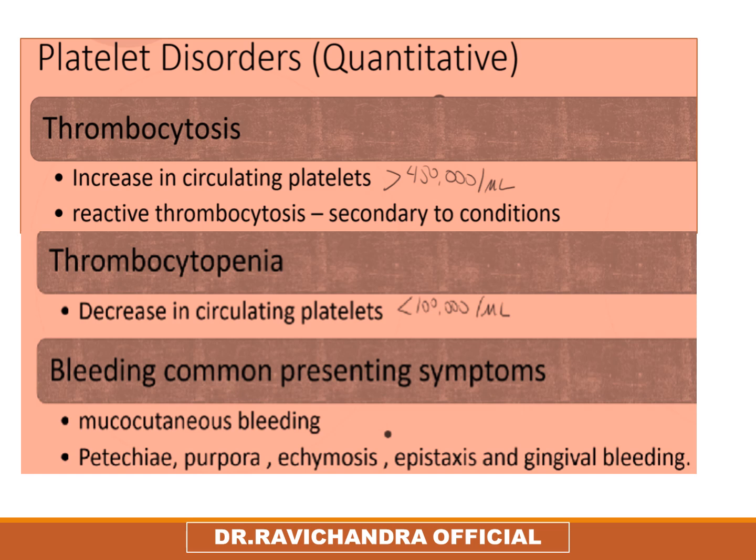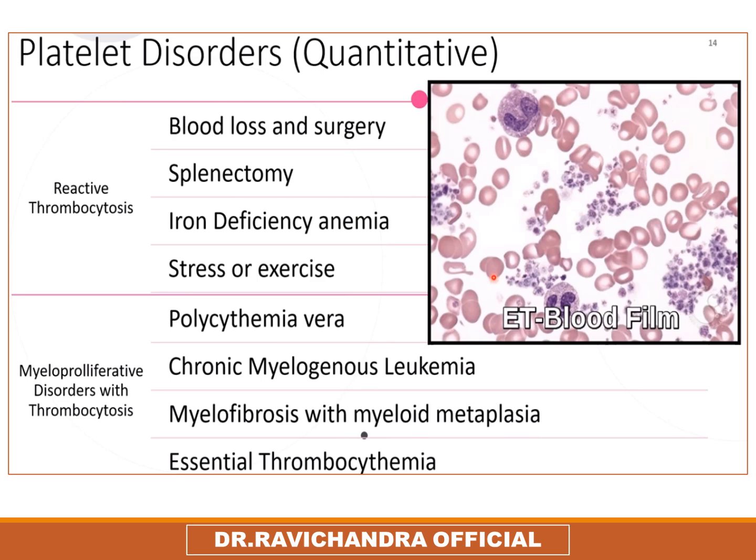Bleeding, common presenting symptoms will be mucocutaneous bleedings, petechiae, purpurae, ecchymosis, epistaxis, and gingival bleeding. Coming to reactive thrombocytosis, it is seen in blood loss and surgery, splenectomy, iron deficiency anemia, stress or exercise.